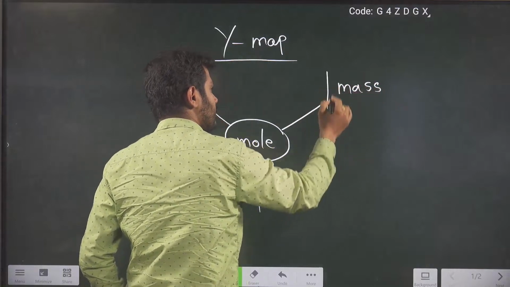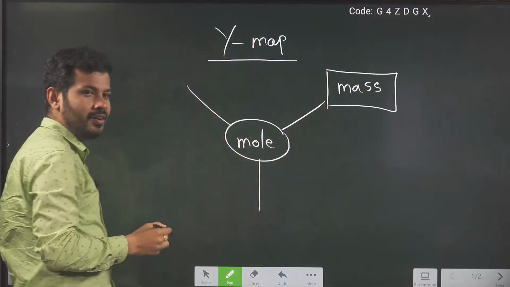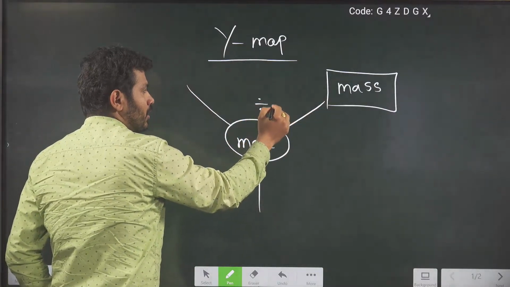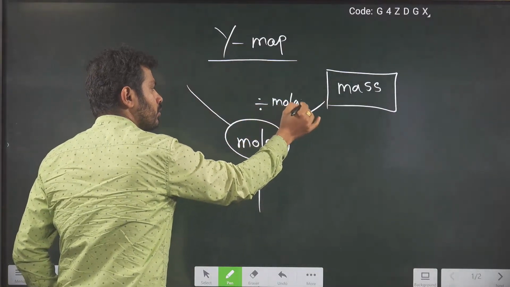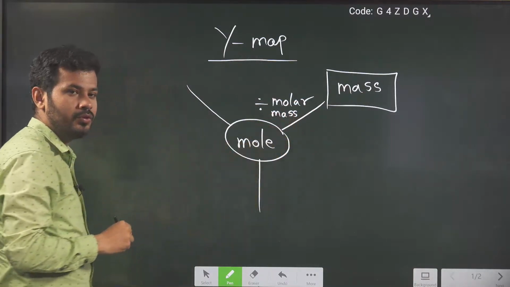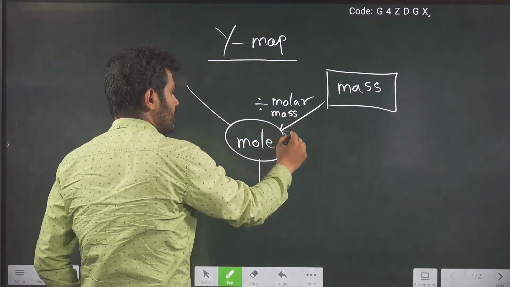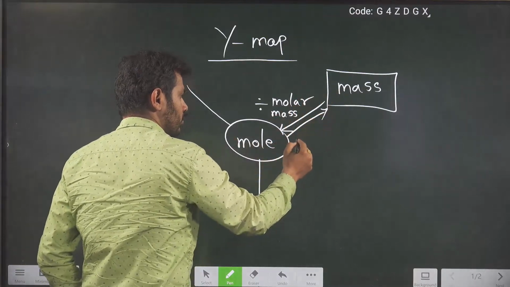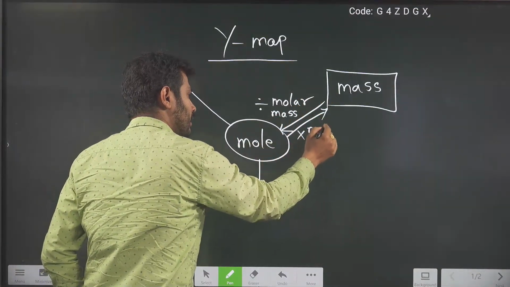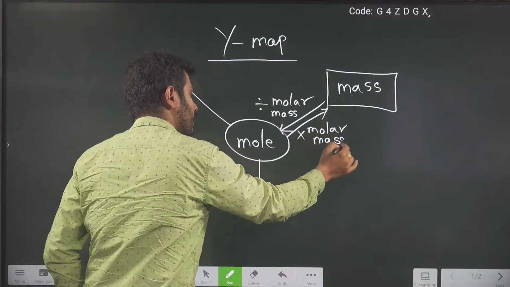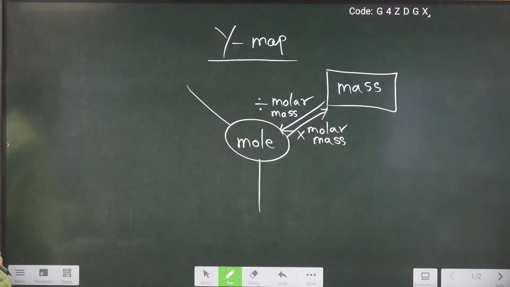If mass is given, mass divided by molar mass gives the number of moles. Moles multiplied by the molar mass gives the mass. I hope you remember this part. It is a quick recap of the last class.